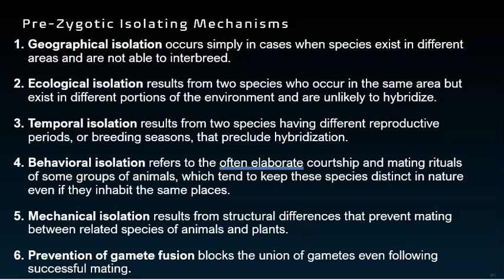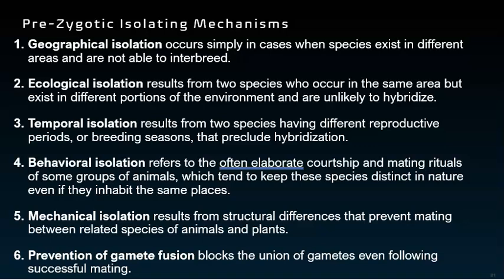Also, there's ecological isolation, which results from two species who occur in the same area, but exist in different portions of the environment and are unlikely to hybridize. So even though they're on the same continent, they're separated by topography. They're not in the same habitat. So geographical means they can't reach each other at all. Ecological isolation means they can reach each other if they really try to, but it's highly unlikely because they just like different habitats.